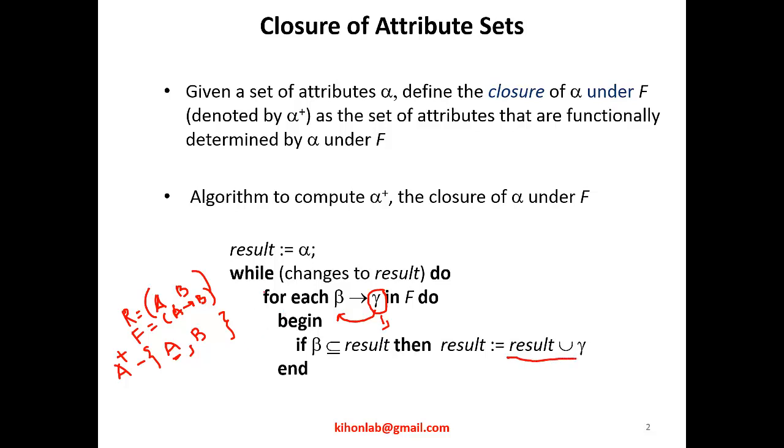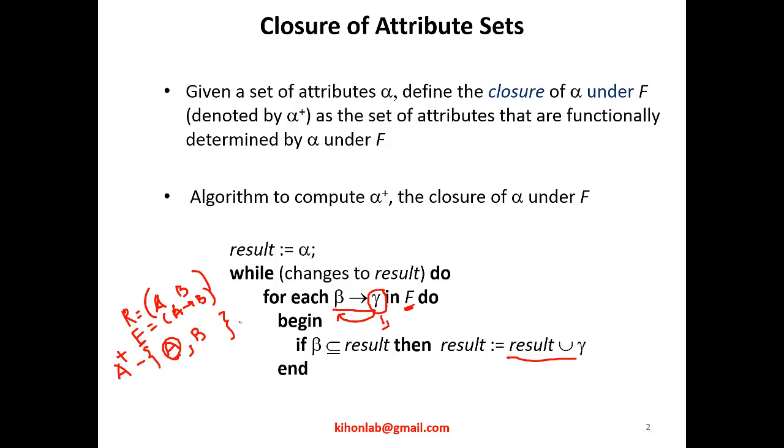Initially alpha gets added here. We have found some functional dependency in the dependency set F. These are the functional dependencies given to us, for example only one dependency, that is A to B. Then if beta is a subset of result, then result is equal to result union gamma.